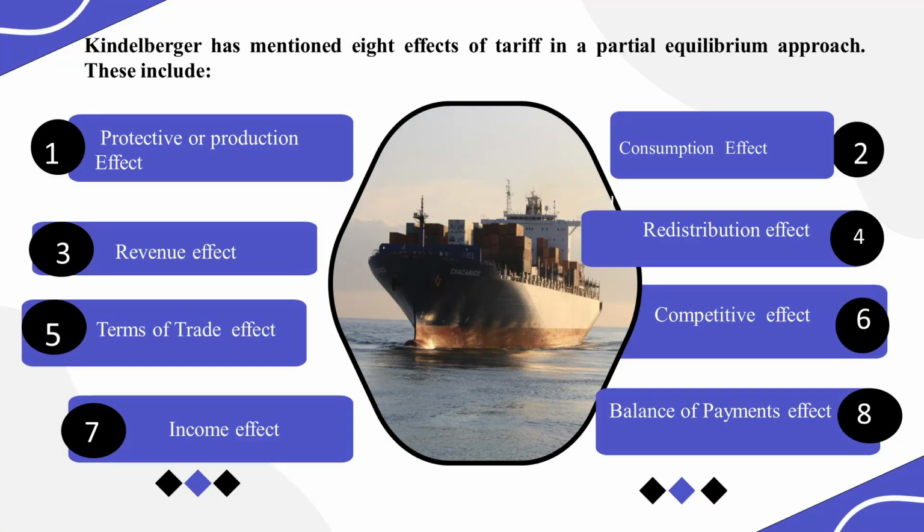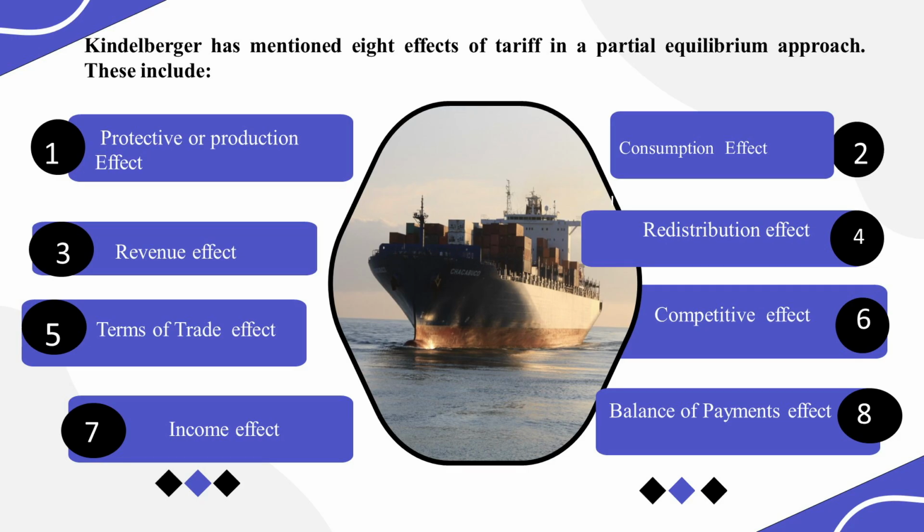Kindleberger, the international economist, has mentioned 8 effects of tariff in a partial equilibrium approach. These include: number 1, protective or production effect. Number 2, consumption effect. Number 3, revenue effect. Number 4, redistribution effect.